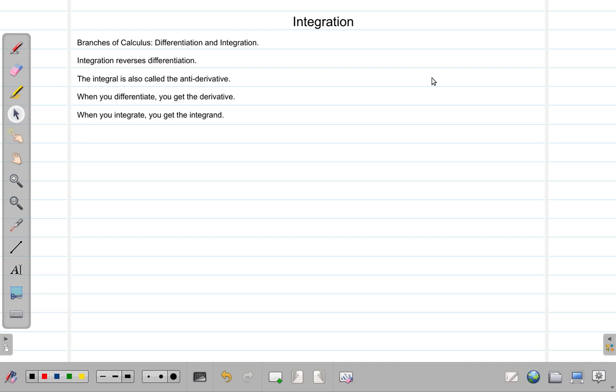Now, let us start out by looking at the power rule. You remember what happened when you differentiated using the power rule. Let us say you have y equals x raised to a power of n. Now you differentiate, you say the derivative of y with respect to x, that's dy by dx.